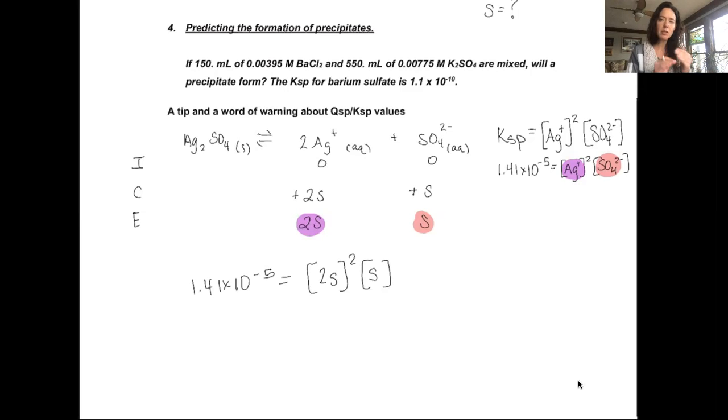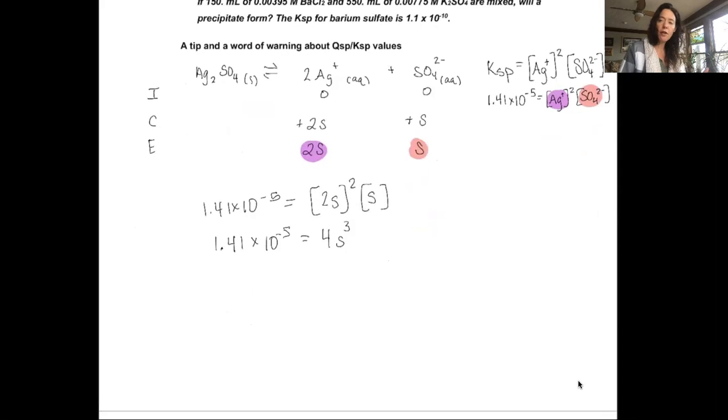That's where students get mistaken. And yes, we still square it. The 2 gets used 2 times. It's twice the concentration, and it's squared. So simplify that to 1.41 times 10 to the negative 5th equals 4S cubed. Now we simply need to solve for S, and we have our answer.